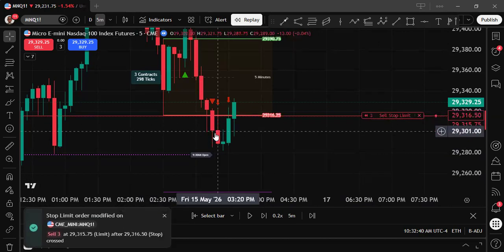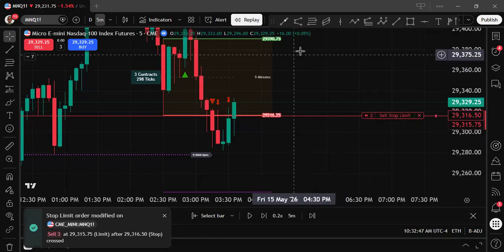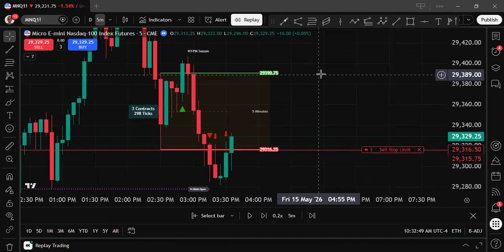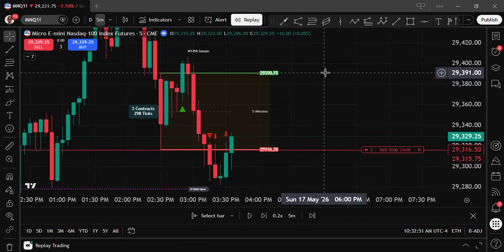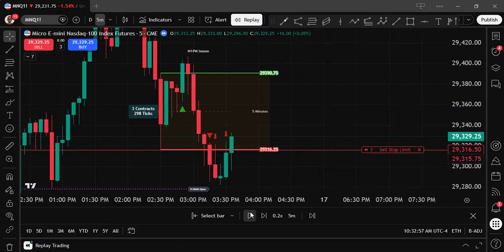As price is going below this area, 29,316, my stop loss is going to be here, which is 500, or you can go halfway, which is right here, which is 250. So boom, let me go ahead and hit play.